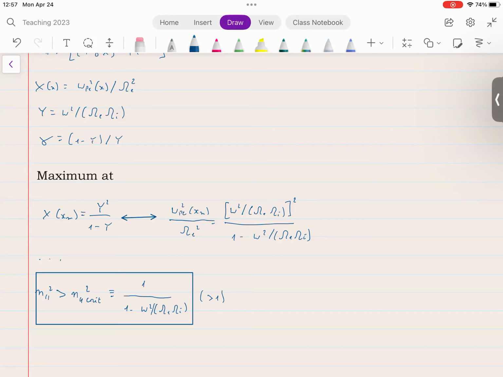And that's okay, except that that means that I cannot make n perp positive everywhere. It will happen that at the edge of the plasma, n perp is going to be imaginary. So there is going to be a small cutoff region where I'm going to have trouble right at the start.